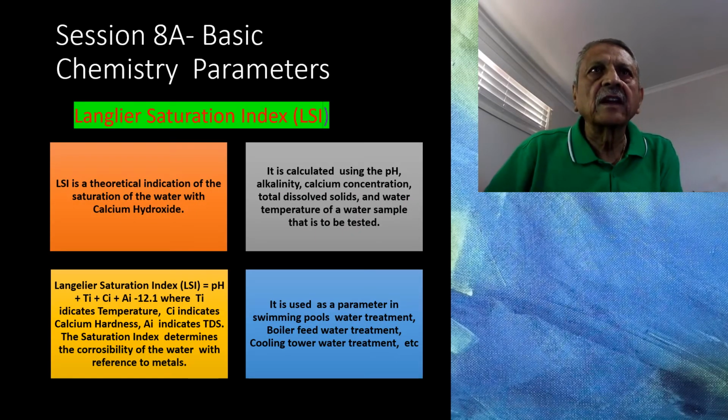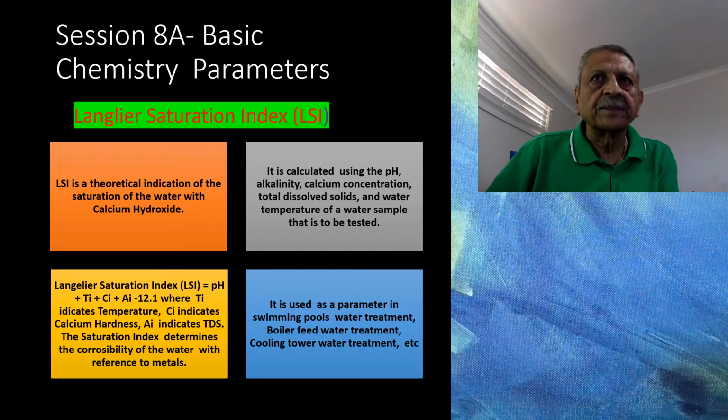We frequently come across the word LSI, which means Langelier Saturation Index. LSI is a theoretical indication of the saturation of the water with calcium hydroxide. Now, calcium hydroxide is the one that causes the hardness. It is soluble in water.